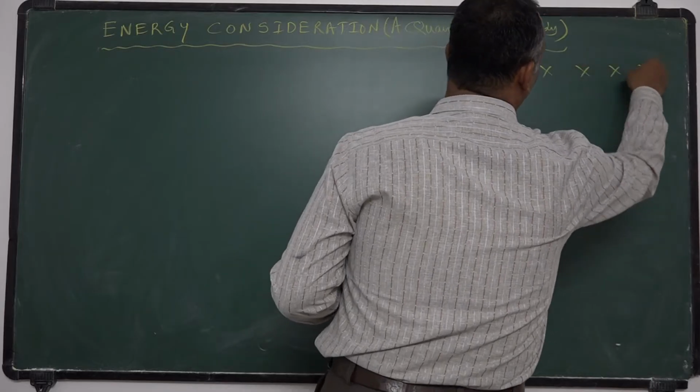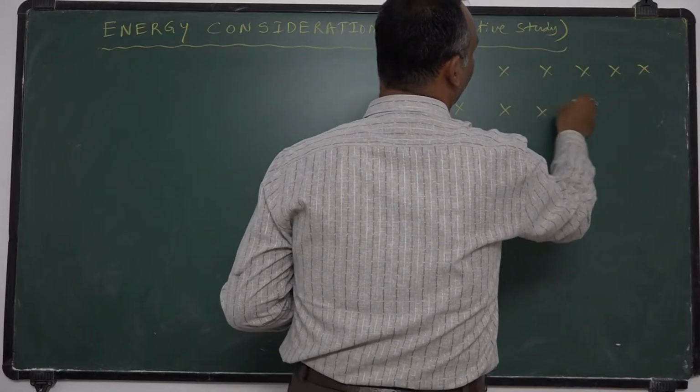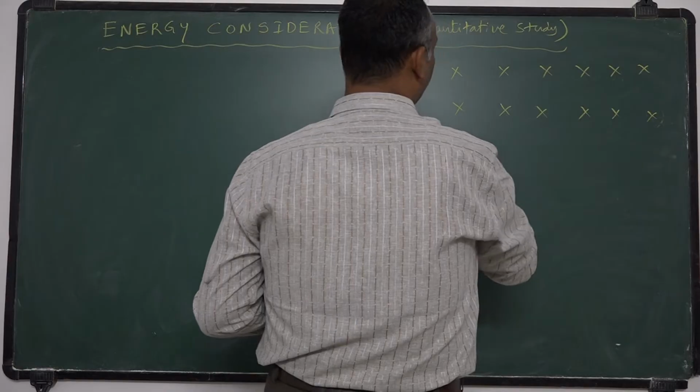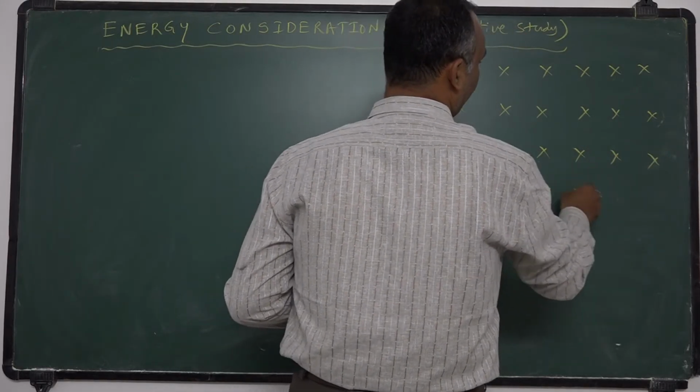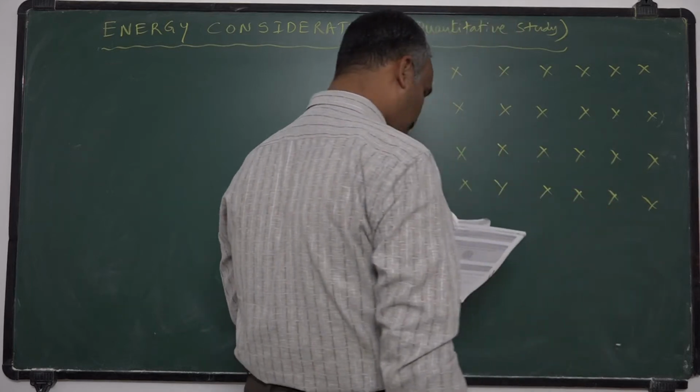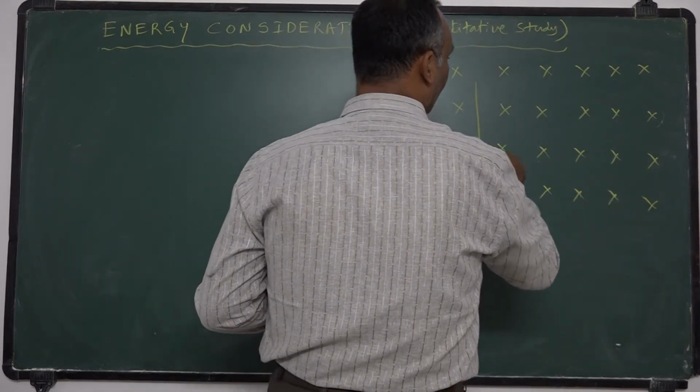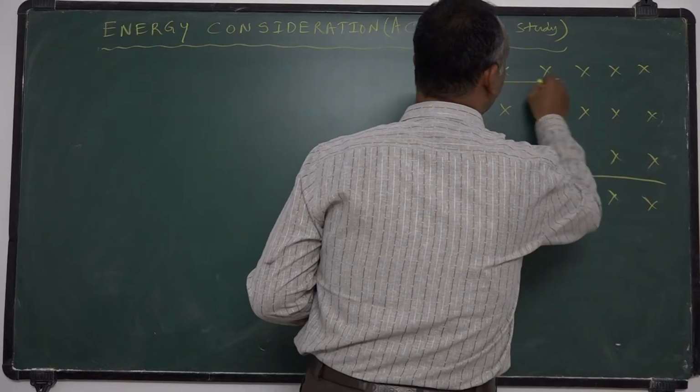Let us see this diagram clearly. Here there is a uniform magnetic field into the paper, and it is provided with a U-shaped metal railing.